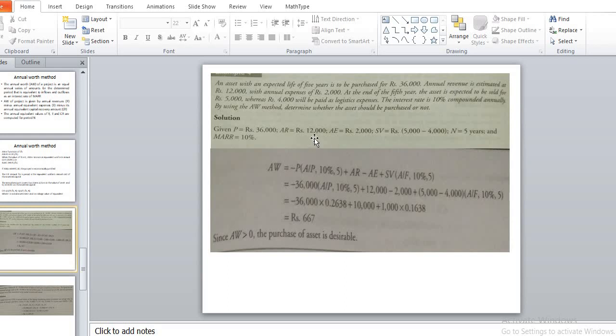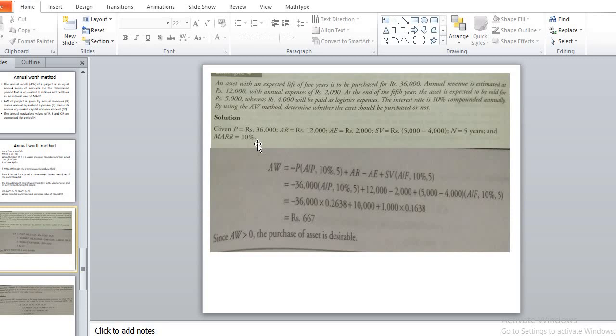Annual revenue is 12,000, annual expenses are 2,000, and the salvage value is 5,000 minus 4,000, since 4,000 is the logistic cost. The period is 5 years, and the minimum attractive rate of return is 10%.